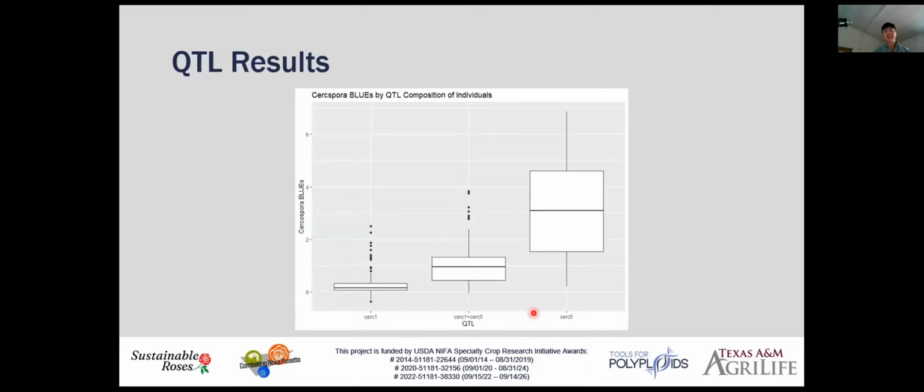On the x-axis are different groups of individuals. These are individuals that only carry black spot resistance, but nothing else, so they're also carrying cercospora susceptibility. These are individuals that carry that cercospora 1 QTL that we saw, which was actually a cercospora resistance QTL. So these are individuals that only carried that.